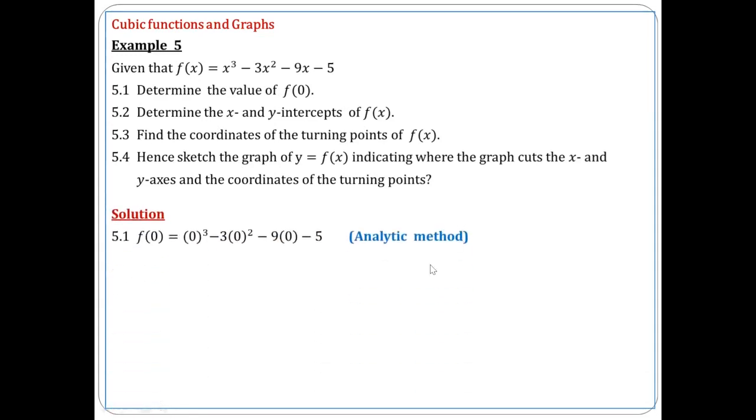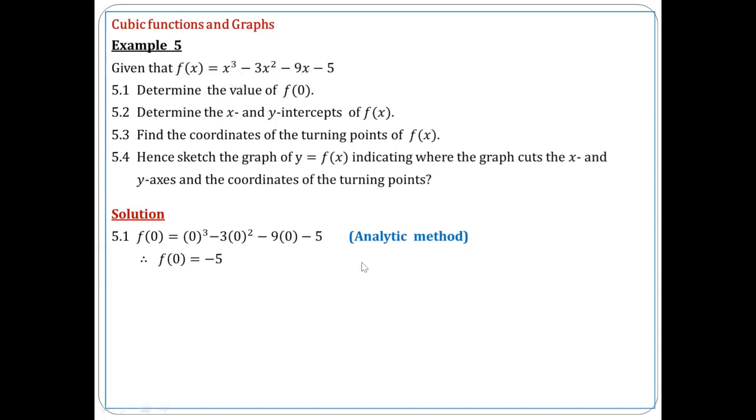The solution 5.1, f of 0, you substitute x is 0 in the function. So we are using an analytic method. And you get f of 0 is equal to minus 5. You know, with analytic method, you are substituting x is 0 and then getting minus 5. But a visual symbolic method will look at the function and notice that if x is 0, where there's x, it becomes 0.